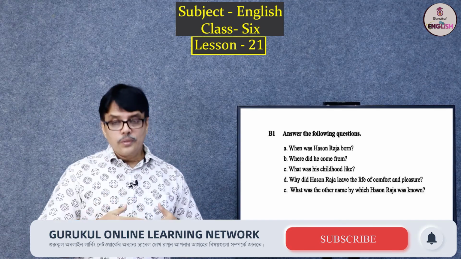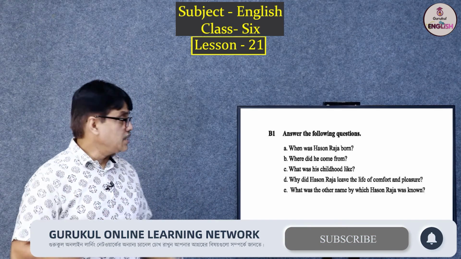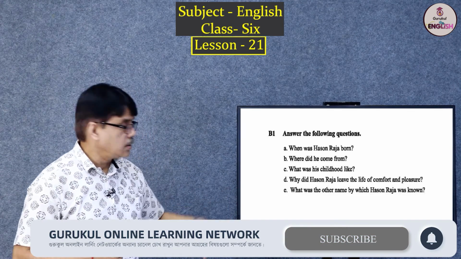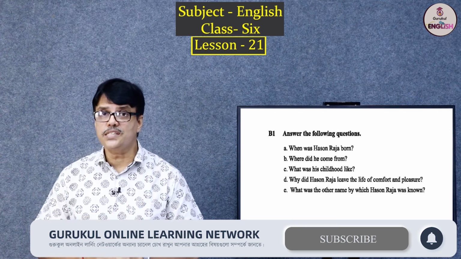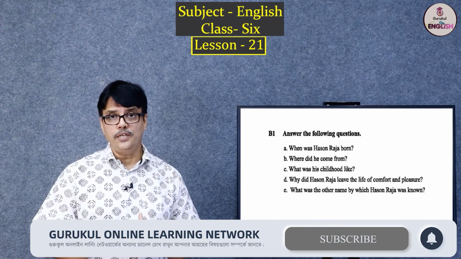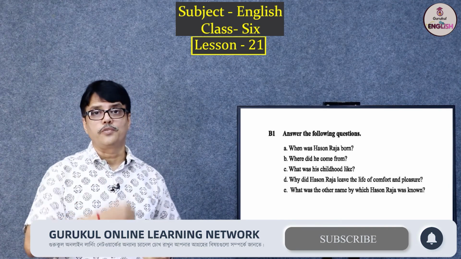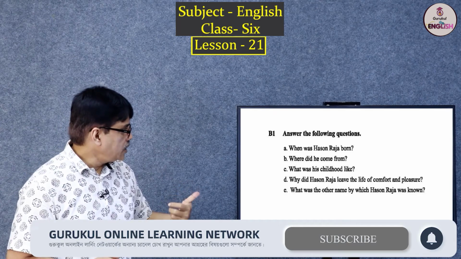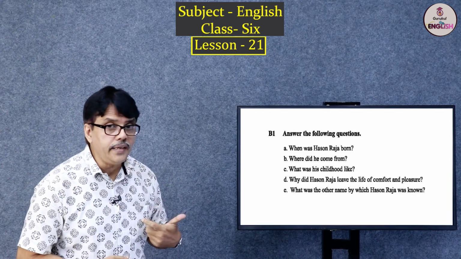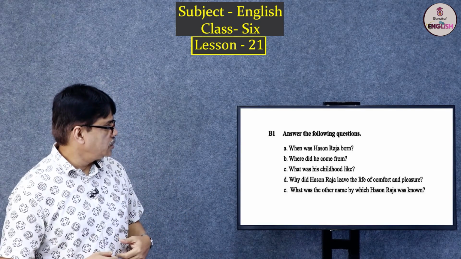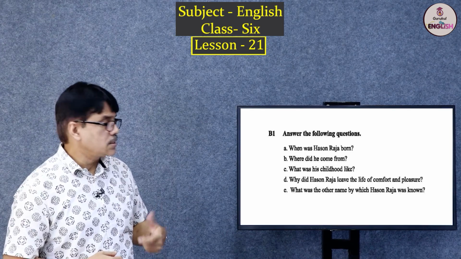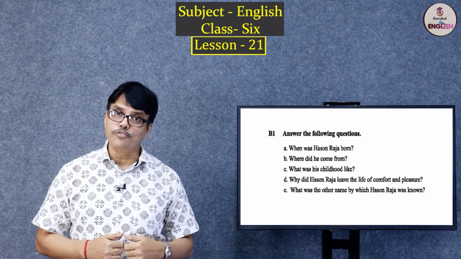So, in the question, there is a linking verb, was. So, when you write the answer, we must use the linking verb was. What was his childhood like? His childhood was very comfortable.